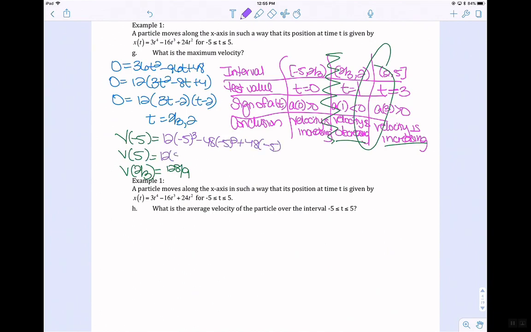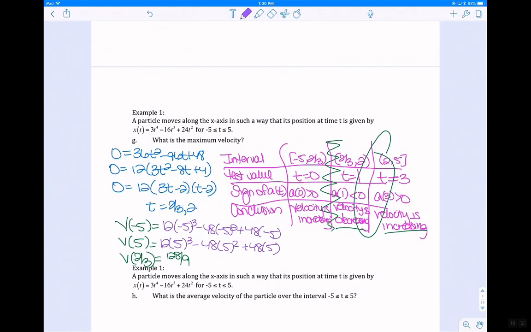And then the same thing here: 12 times 5 cubed minus 48 times 5 squared plus 48 times 5. Again, you could use synthetic division, and it probably would be a little bit easier. So we'll go ahead and do that.